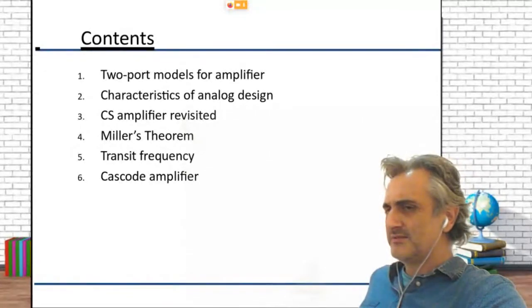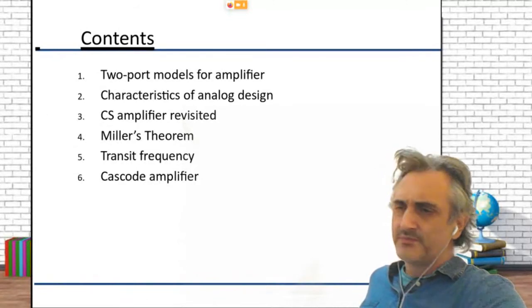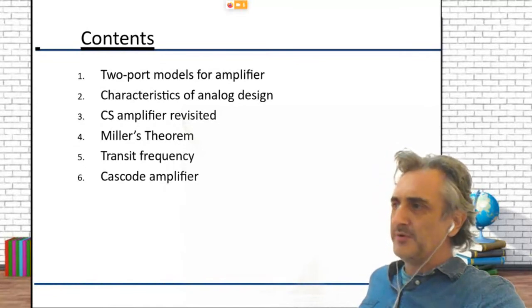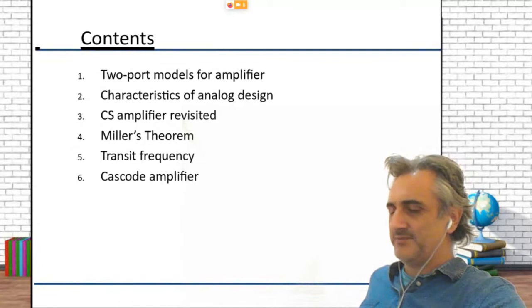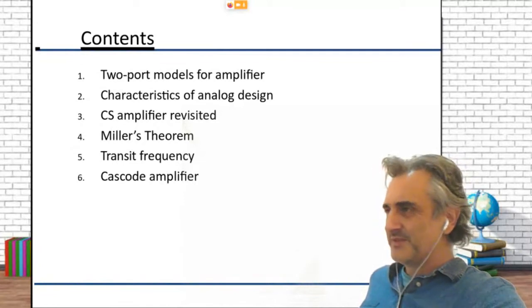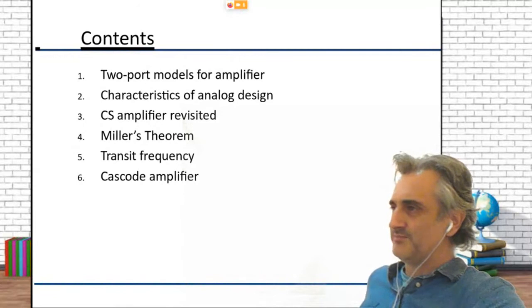Have you ever seen Miller's theorem? Do you remember it? No? Anyway, we will also see the concept of transit frequency, and we will revisit the cascode amplifier, which I don't know if you have ever visited, but okay. This is probably one of the most important amplifiers.